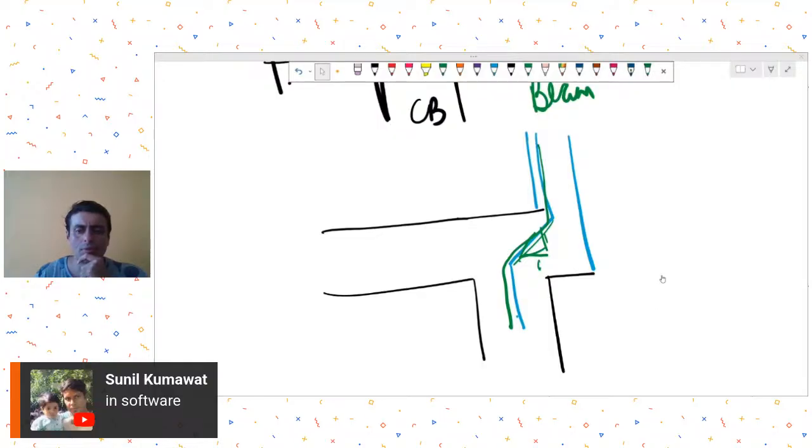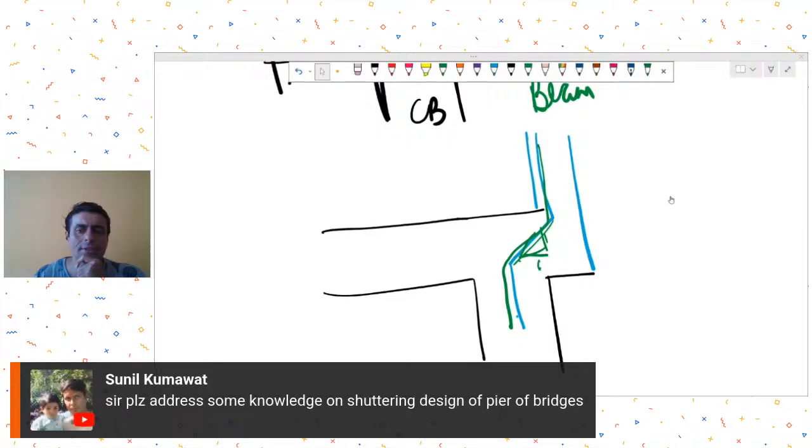But you need to check the horizontal thrust that concrete will apply when you are pouring the concrete, and as per that thrust, you may have to calculate the shuttering, but I have never done it. So I may not be able to answer this.